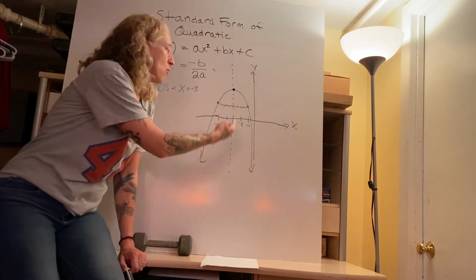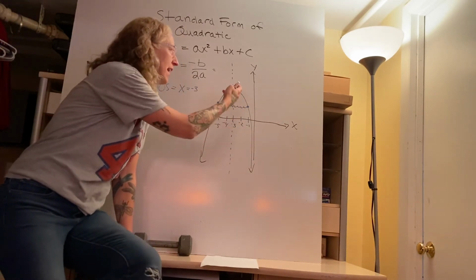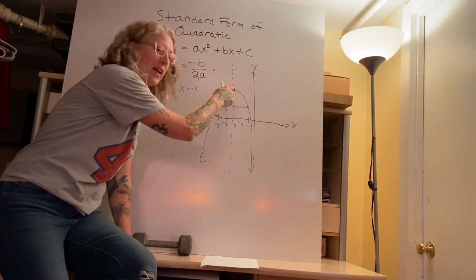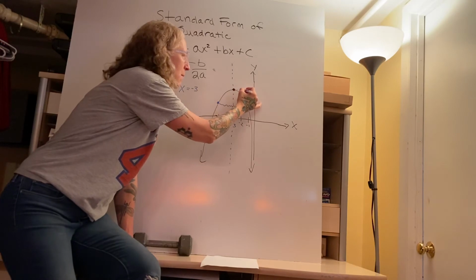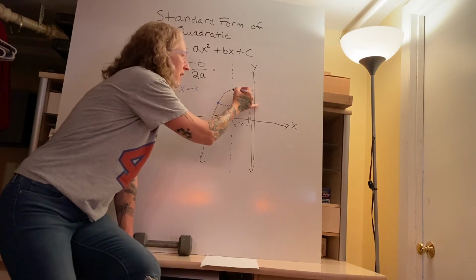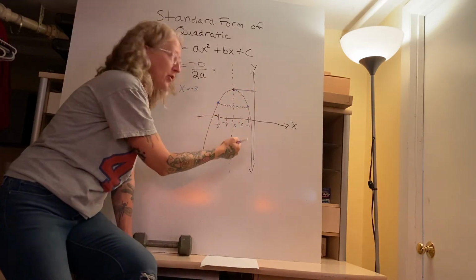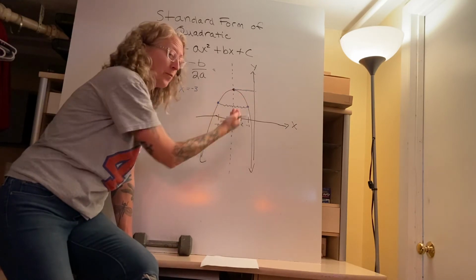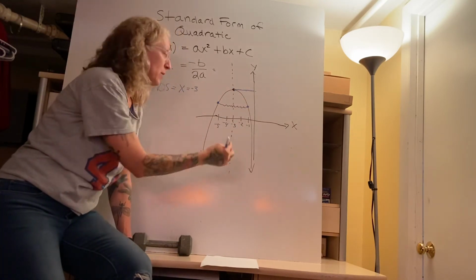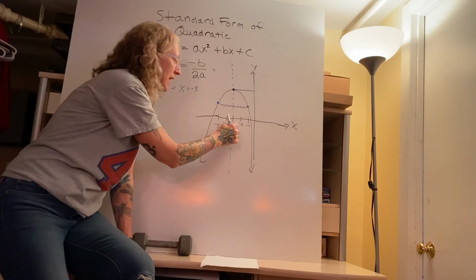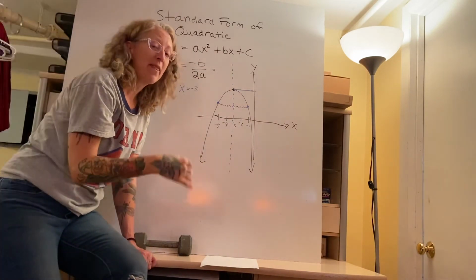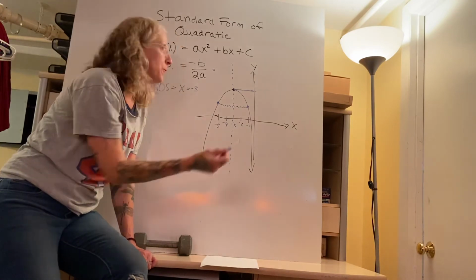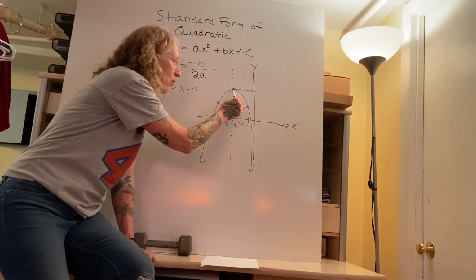The reason why we want to find that out is because eventually we're going to use this formula to find the vertex. The vertex is the same x value as the axis of symmetry, but it's going to be a different y value. So what ultimately we can do is take x equals -3 and put that into every x in our quadratic function, and then we can find the y value, which will be the y value of our vertex.